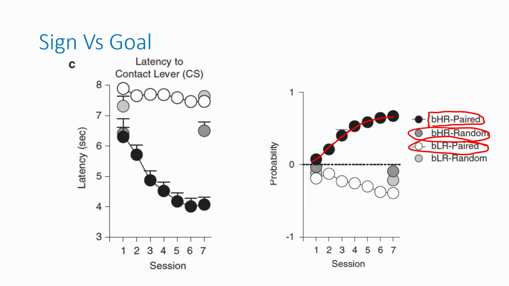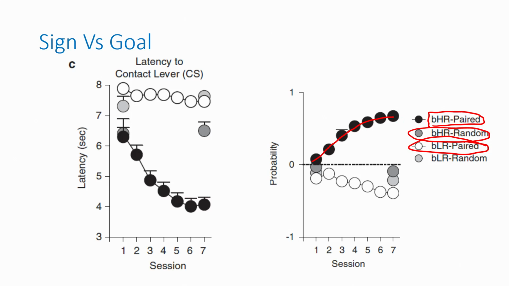On the other hand, these sign-directed, sign-tracking guys learn fast, and the latency falls, just the way the probability of them going to the lever versus the food goes up. The time they take to go to the lever comes down. They not only reach the lever more often, but they reach it faster too.